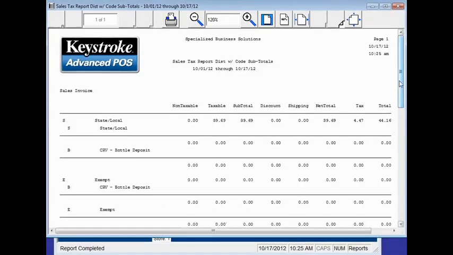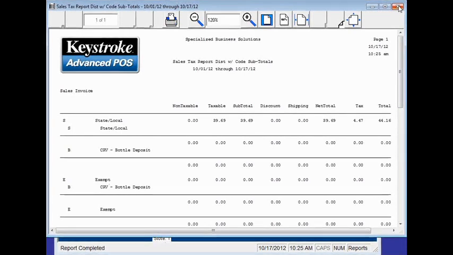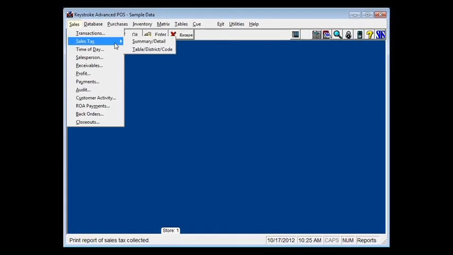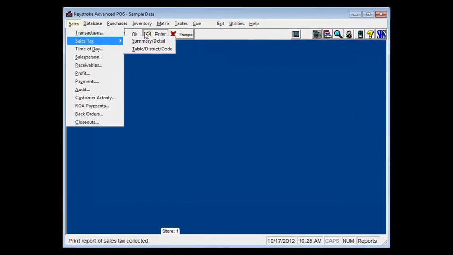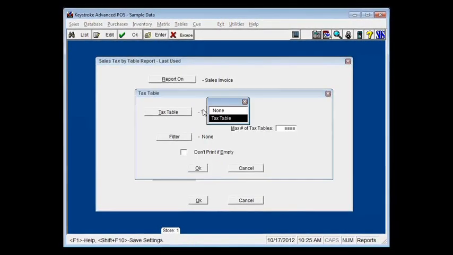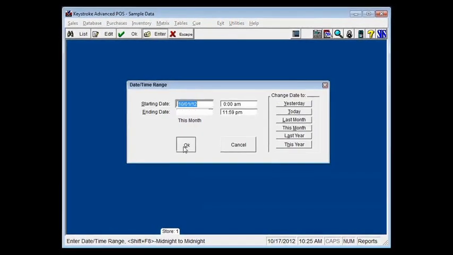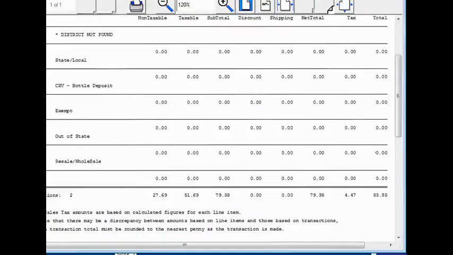So now you can see with my state and local, my total amount. Oh, this isn't liking me with my bottle deposits. Let's just do it based on our tax district.